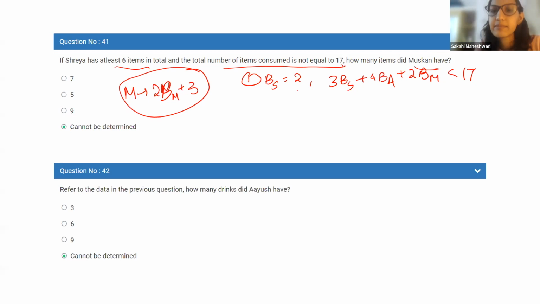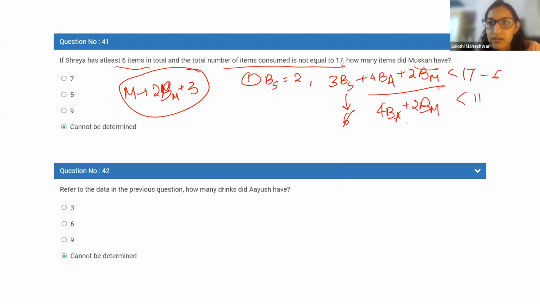So if we take BS equal to 2, this will become 6. So we have these two things left. When it goes here, this will be 11. This is 4 BA plus 2 BM. Now, it's also mentioned that it's not 17.